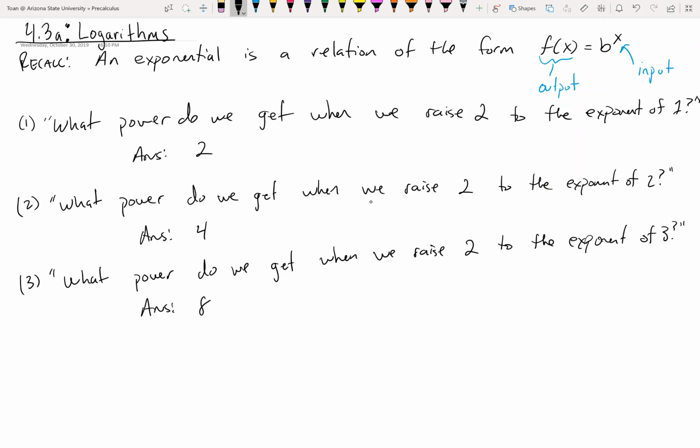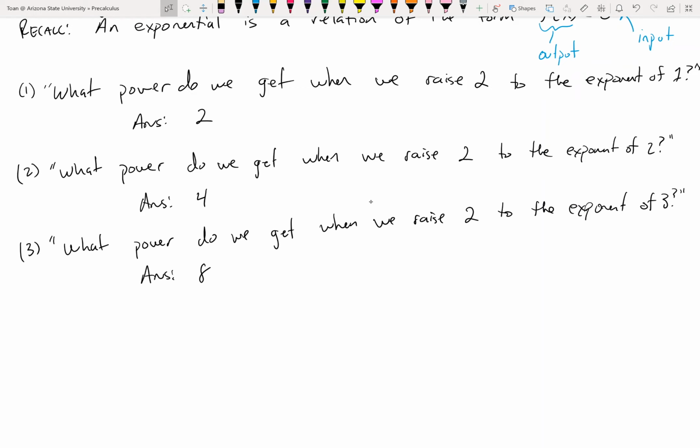You guys getting tired of writing all these long sentences? I sure am. So this is why we use, well, basically function notation. All of these questions here can be translated thusly. If f of x equals 2 to the x, then question number 1 becomes, what's f of 1?